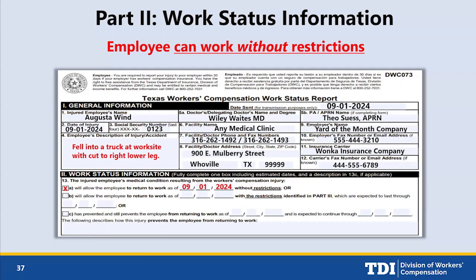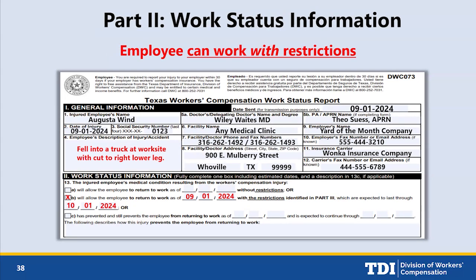So this form in particular is an example of someone who can return to work without any restrictions because that provider selected 13A. This is an example of the form that's filled out where they work with restrictions. And then, as we said before, we get that date range in there from this date to this date.